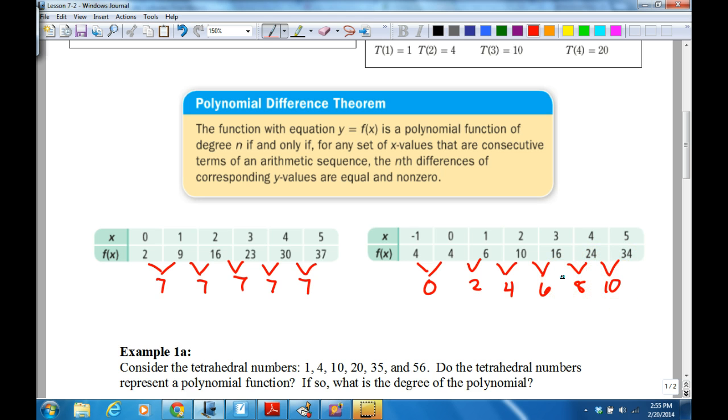Now, they're not at a constant difference yet, so we need to find where that constant difference is. We'll do it again. 2, 2. Oh, we finally, I think, hit our constant difference. Now, when you get to a set of constant differences, here we did it at the first set.